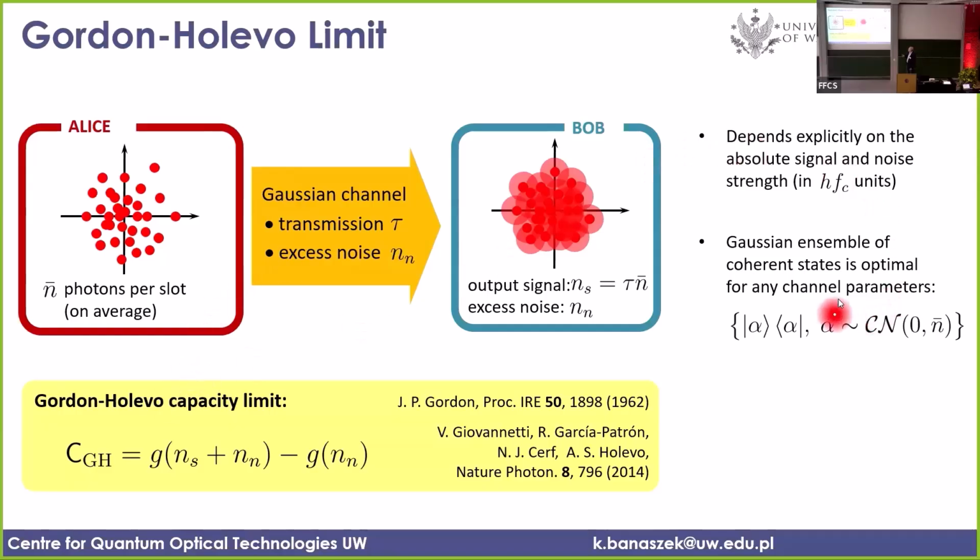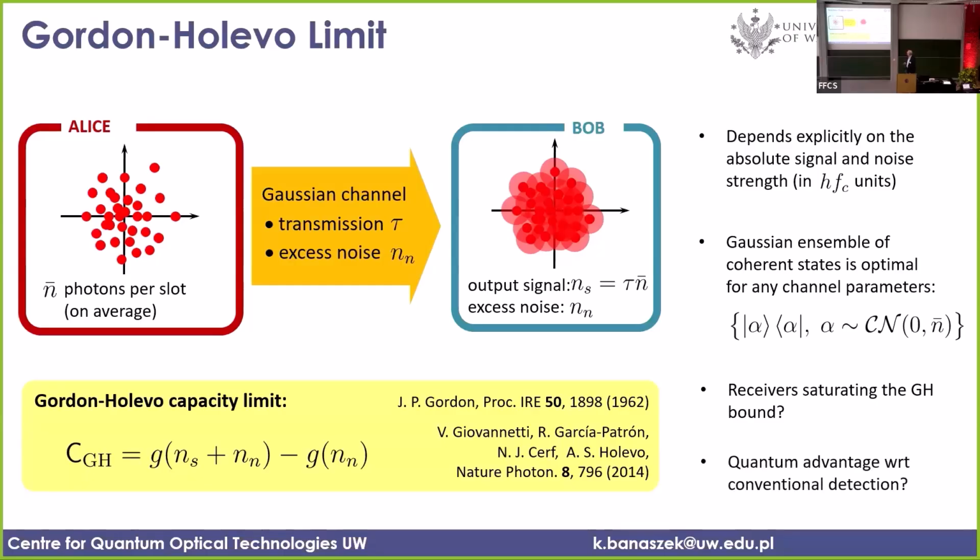We should just take a Gaussian ensemble of coherent states. But if you ask me what is the receiver that will get us to the capacity limit, all I can do is tell you that I don't know. There are some very complex, very sophisticated designs for such receivers, but basically this is equivalent to building a quantum computer. I think this is a challenge of the same order.